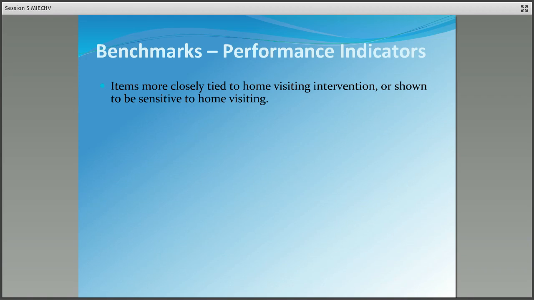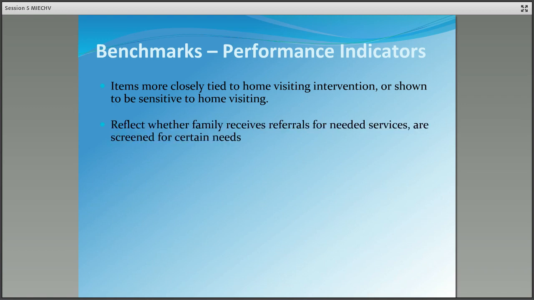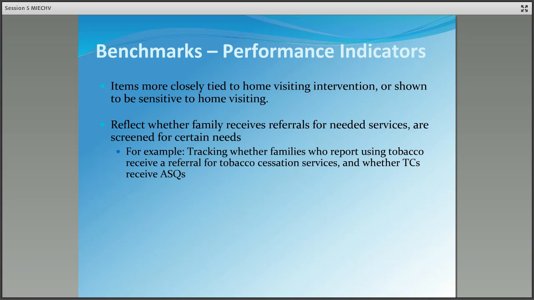These items are relatively closely tied to the home visiting intervention or have been shown to be sensitive to home visiting. So many of these items reflect whether a family receives a referral for services or is screened for certain needs. So for example, we track whether families who report using tobacco at intake receive a referral for tobacco cessation services within 3 months of enrollment, and whether TCs receive their regular required ASQs. These benchmarks are directly related to program practice.